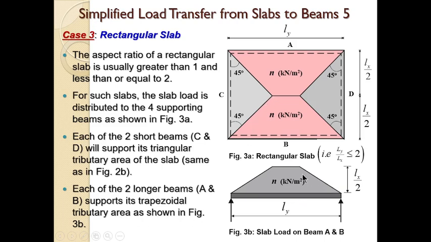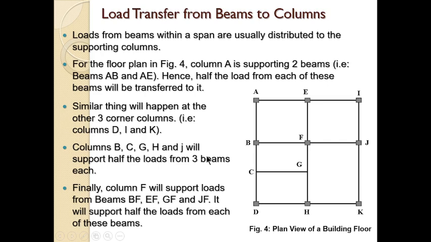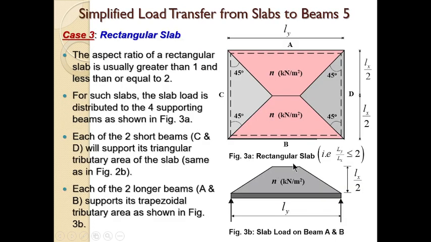So if you bring out the tributary area of one of the long span beams, this is what you have. This is a trapezoidal tributary area. So that is how it is. All you just do is to calculate the area of this and multiply by the design load.